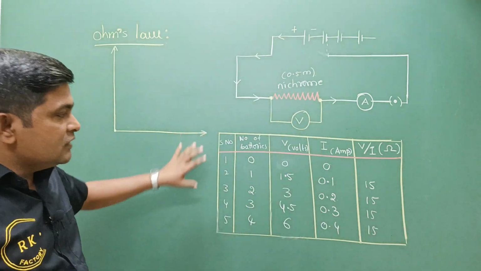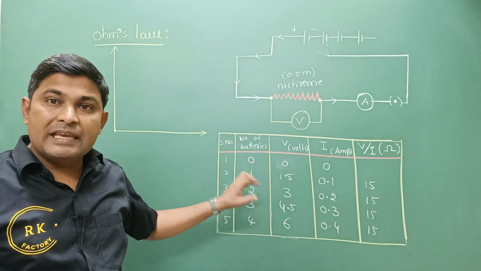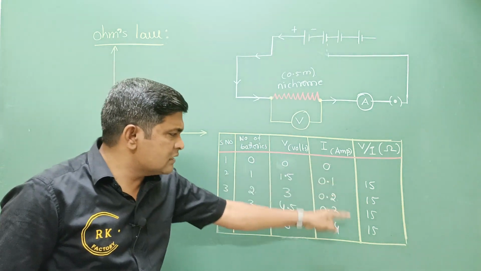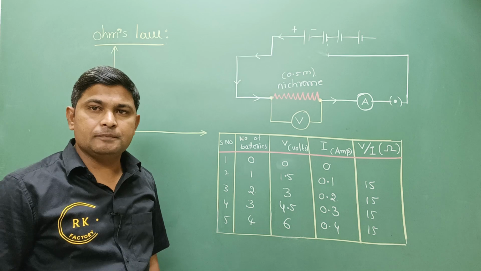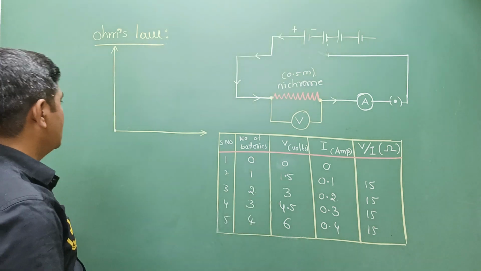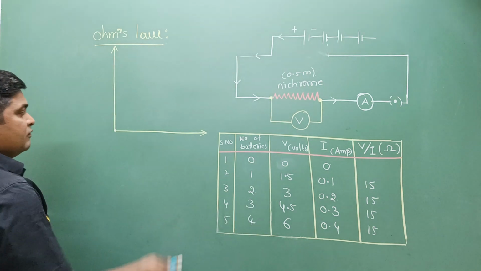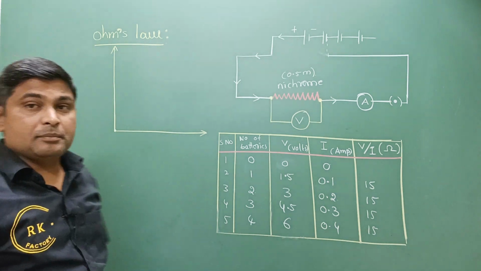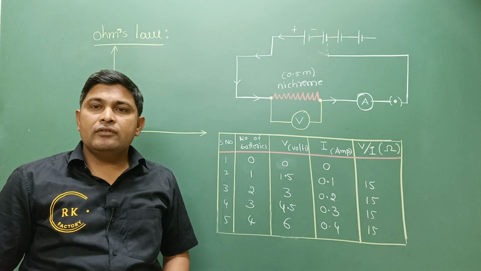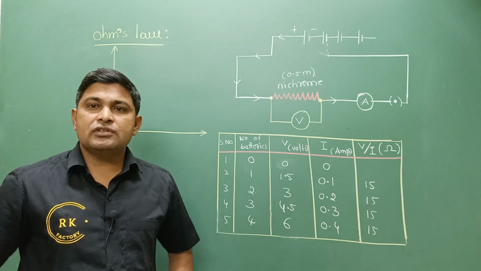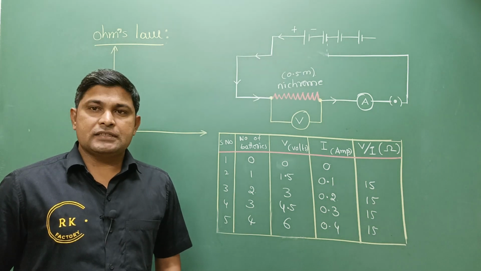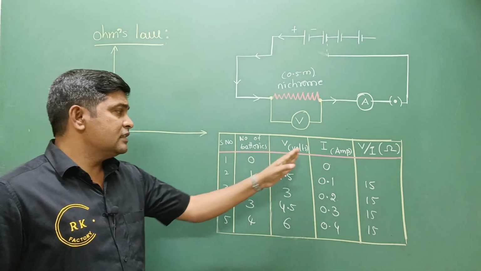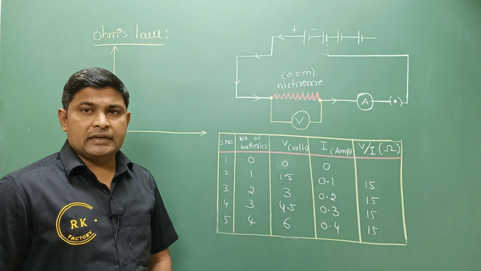So whenever we do this experiment, we got one constant value, right? One constant value. So for that, if you draw the graph, by taking some value on the x-axis, some value on the y-axis. But here is a big question, which value have to be taken on the x-axis, which value on the y-axis, because we have voltage and current.